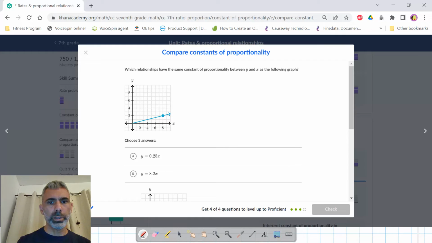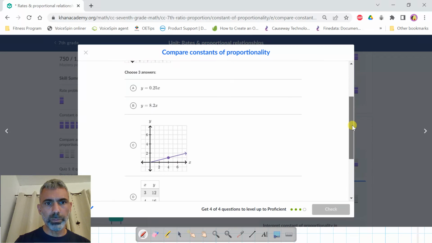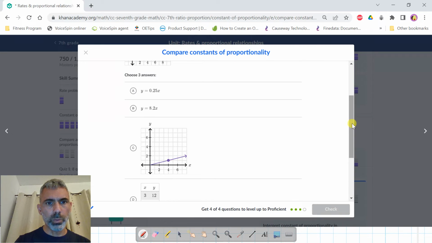Now we need to find 3 options where the constant of proportionality is 1/4.